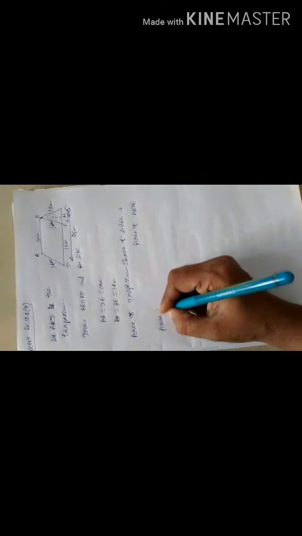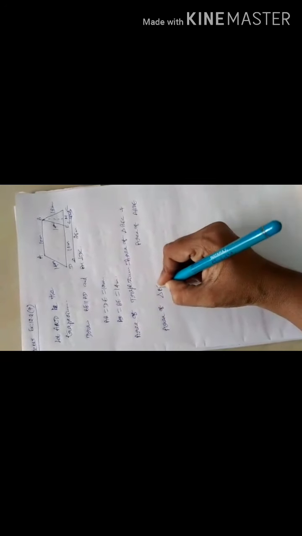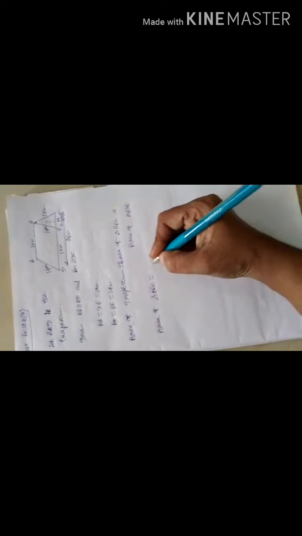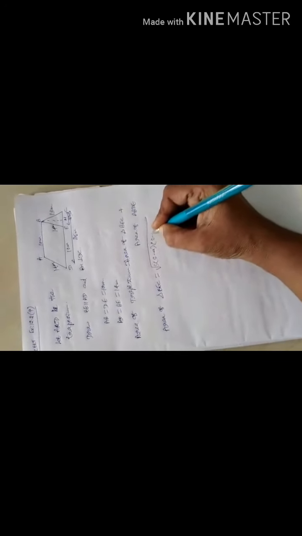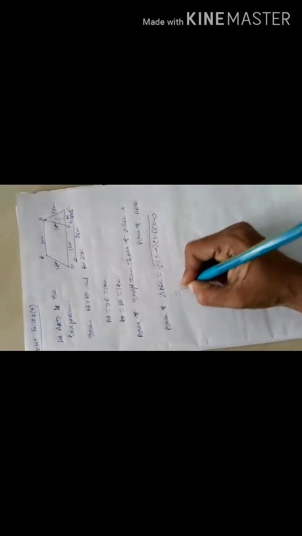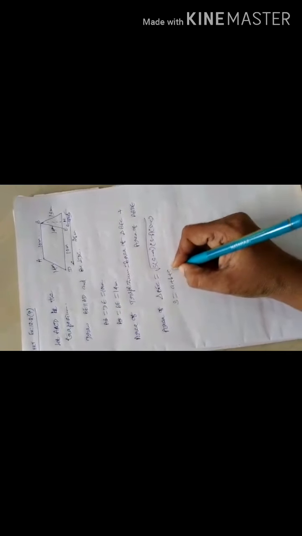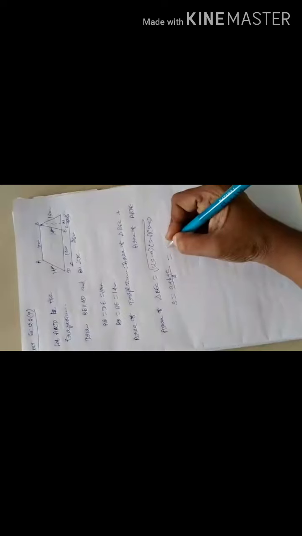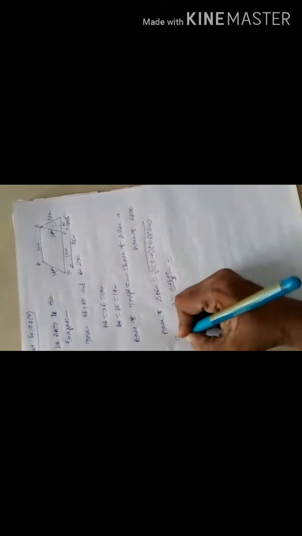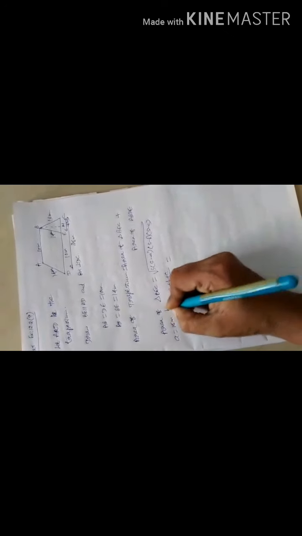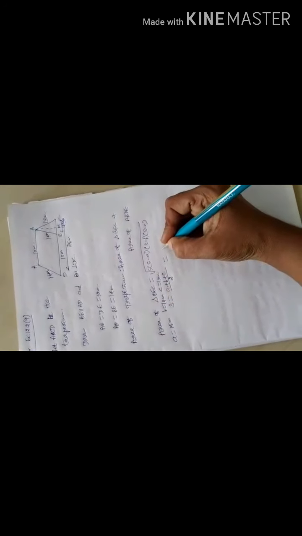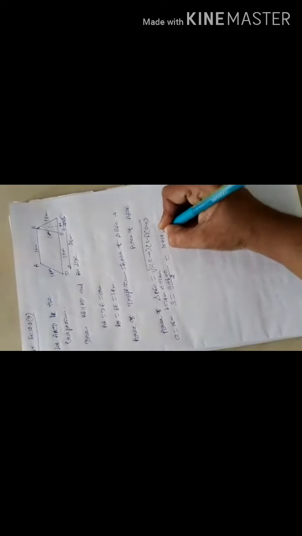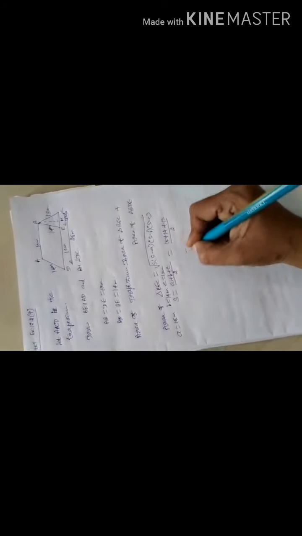So area of triangle BEC equal to root of S into S minus A, S minus B, S minus C. So for finding the semi-perimeter we have the formula. So here A is 15 meter, B is 14 meter, C is 13 meter. So 15 plus 14 plus 13 divided by 2, that is 21 meter.